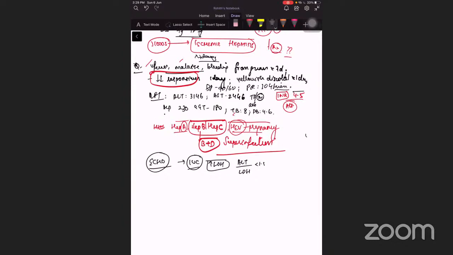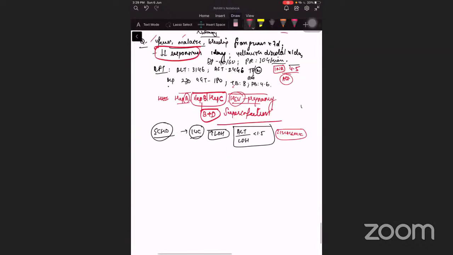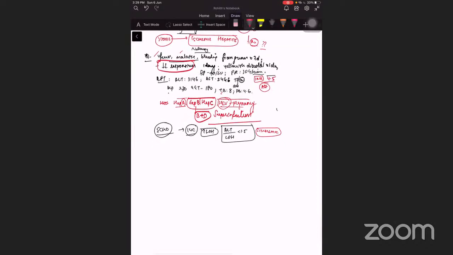So you can use this ratio called the ALT by LDH ratio. The ALT by LDH ratio will be less than 1.5 whenever it is probably of ischemic origin. So this is another use that is there. So this is another scenario.